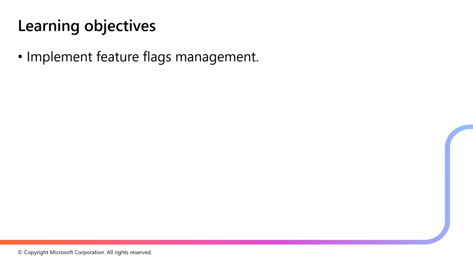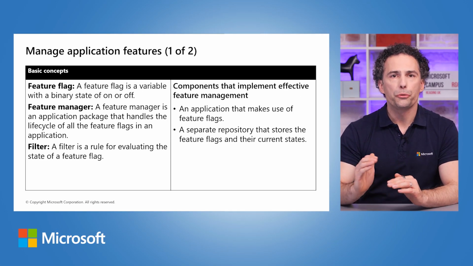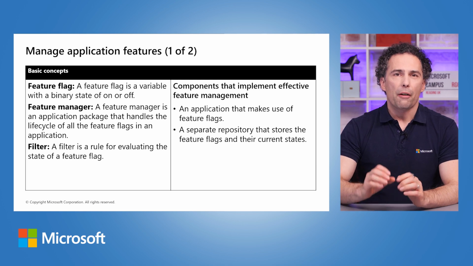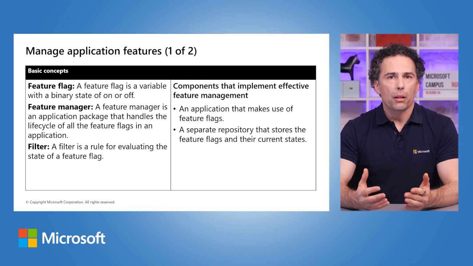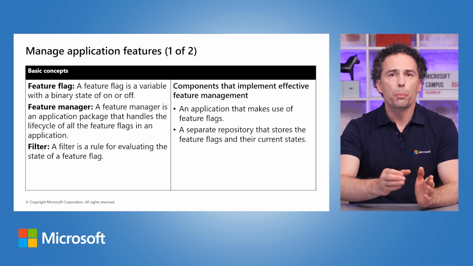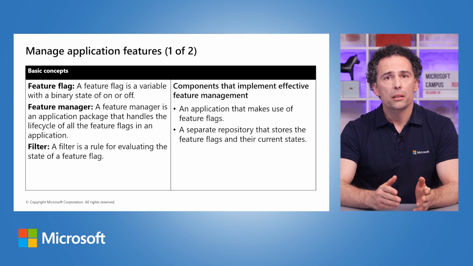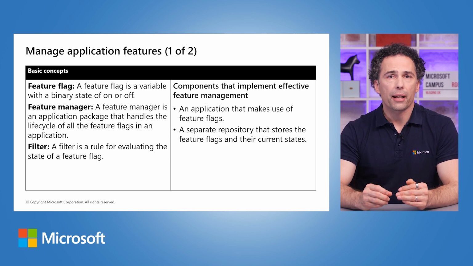In this video, I will talk about feature flag management and how to implement it. Let me clarify a few terms related to feature management. A feature flag is a variable that can be either on or off. The feature flag has a code block that goes with it. Whether the code block runs or not depends on the state of the feature flag.